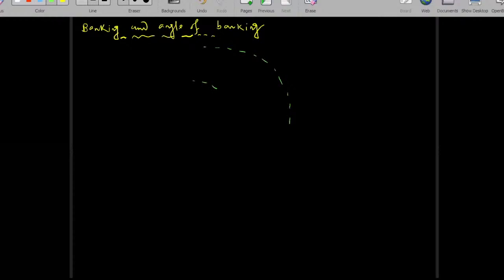Suppose a road is bent like this. This is the inner periphery, and that is the outer periphery.